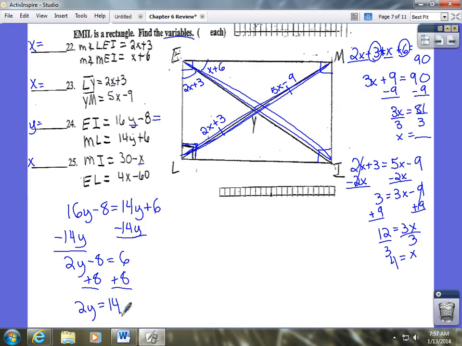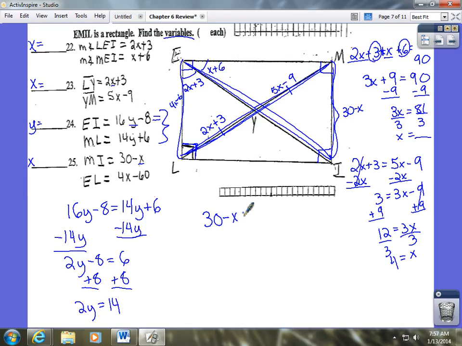And finally, MI, which is this section right here. This equals 30 minus x. And EL, which is this part right here, equals 4x minus 60. And on a rectangle, the opposite sides are equal. So same thing here. 30 minus x, which is this side, equals 4x minus 60.